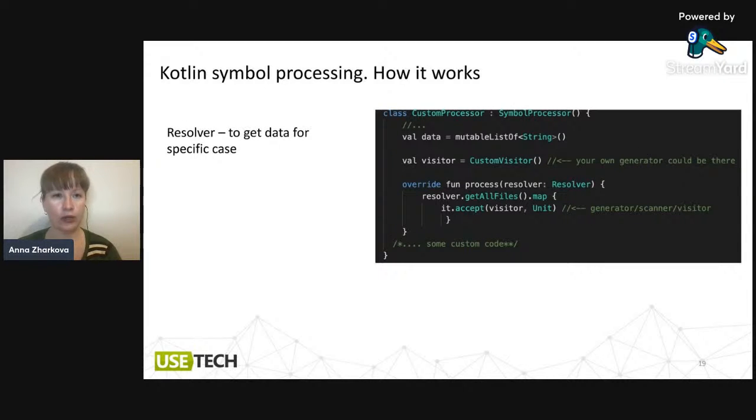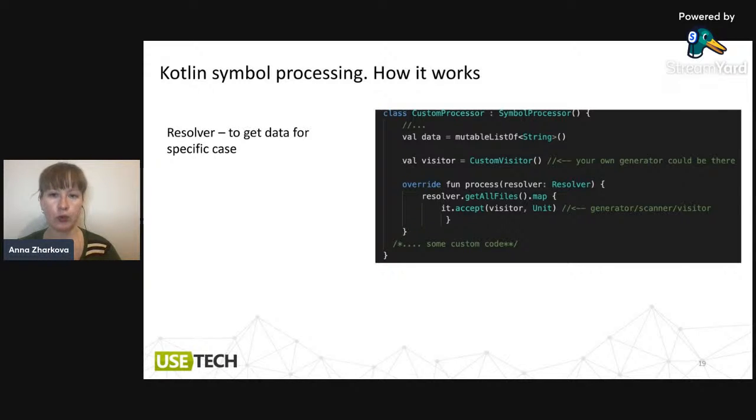And now let's take a look at our own processor that will implement the SymbolProcessor interface. Here we will override the process method, and in this method we need to implement the work with the resolver, and this resolver will recursively find all the data we are searching for.